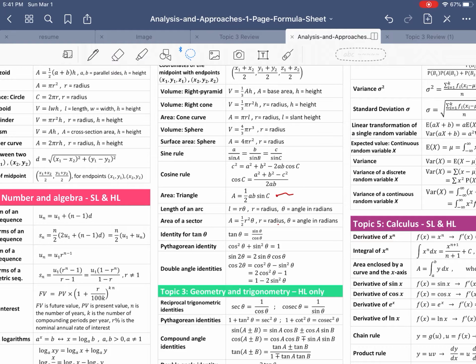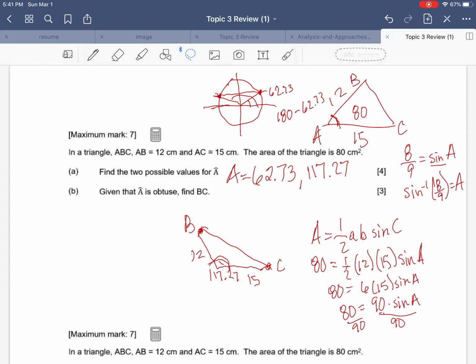If you can recall, the cosine rule is c squared is equal to a squared plus b squared minus 2ab cosine C. Okay, so that's what we're using. So c squared is equal to 12 squared plus 15 squared minus 2 times 12 times 15 times the cosine of angle 117.27.